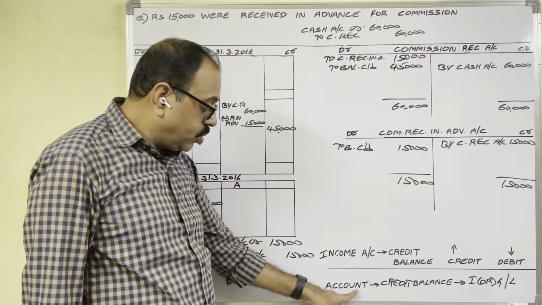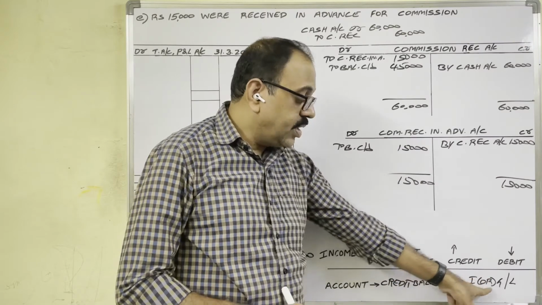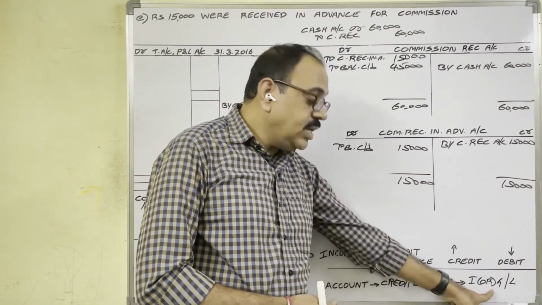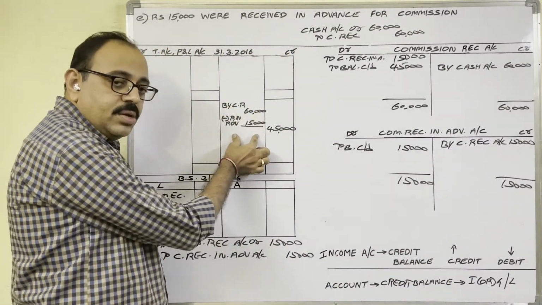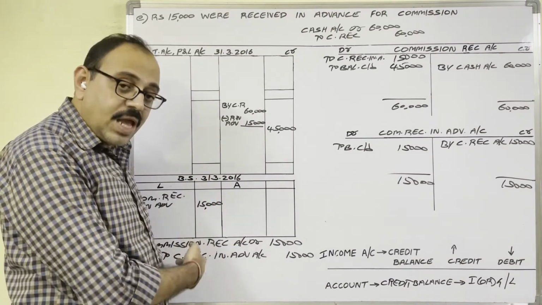If any account shows a credit balance, it may be an income, a gain or a liability. If it is an income, we write it on the credit side of the P&L account, but commission received in advance is not an income, it is a liability.